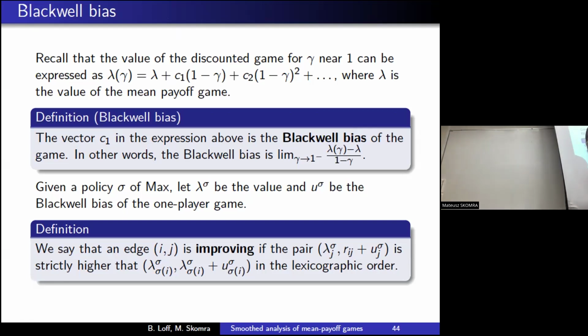And this is the criterion that you are using. You compare the bias of the neighbor plus the payoff on the edge versus your local bias, which in this case is exactly the same as the value of your neighbor. You only apply these two things. So this is the criterion.